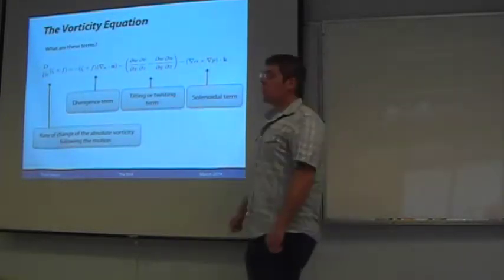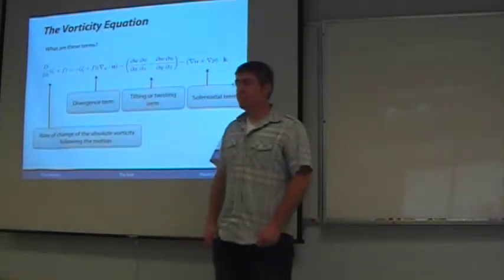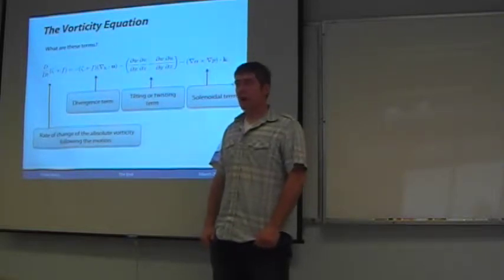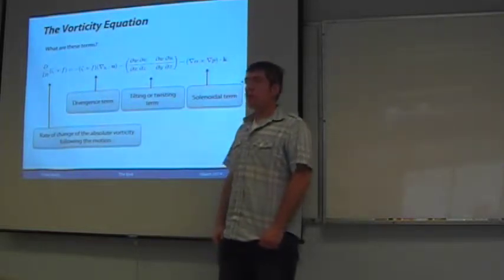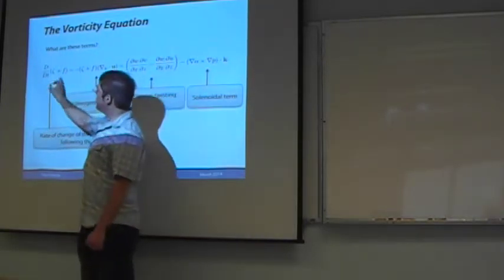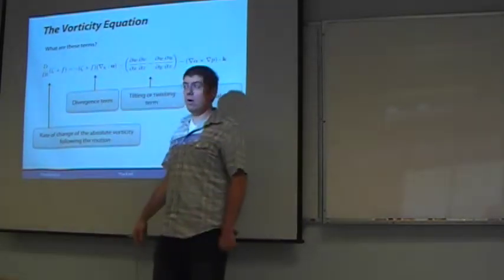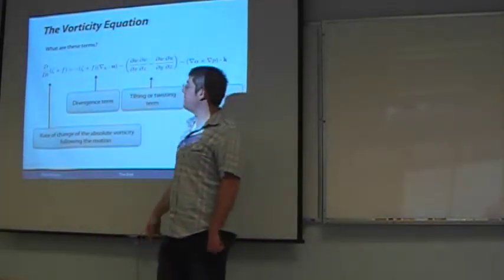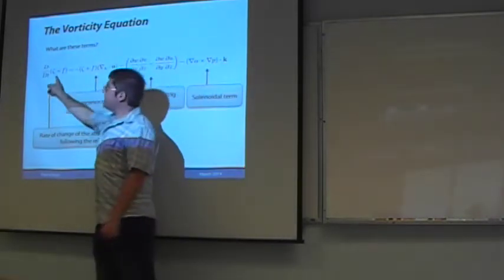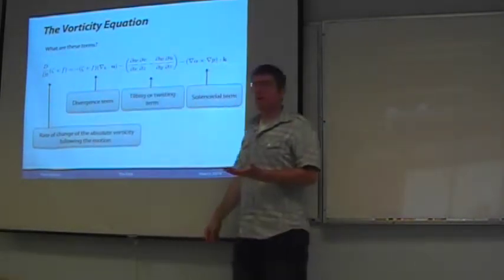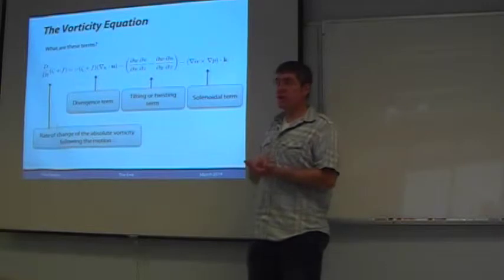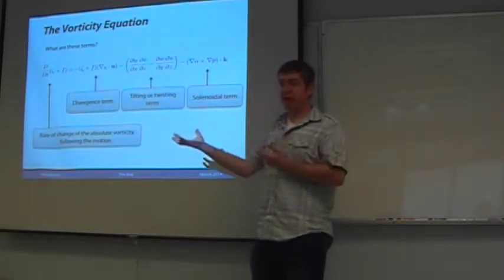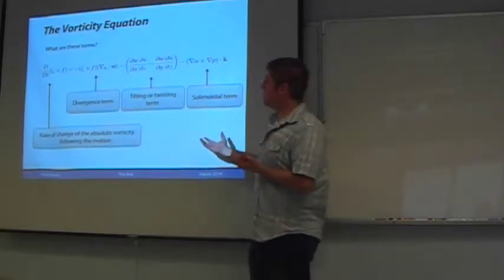By taking the curl of the momentum equations, we were able to derive the vorticity equation, which gives us a mechanism by which we can compute a time derivative of the absolute vorticity field. The time derivative is then expressed as a material derivative, which includes both local rate of change as well as advection of vorticity.